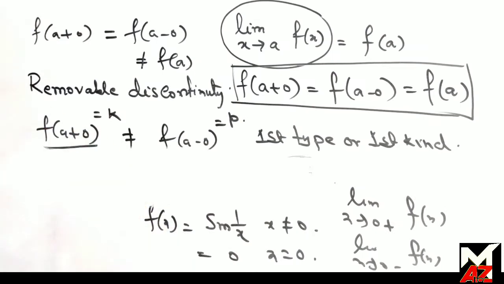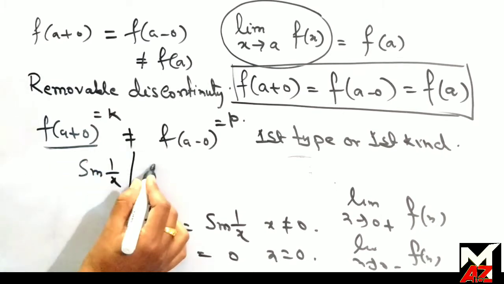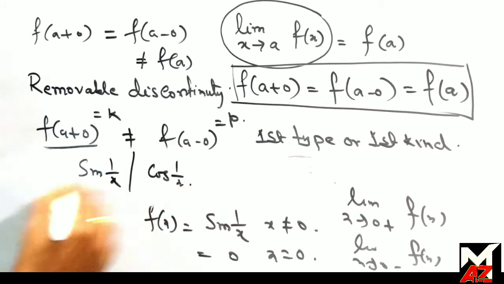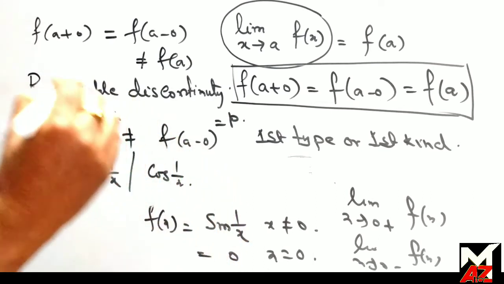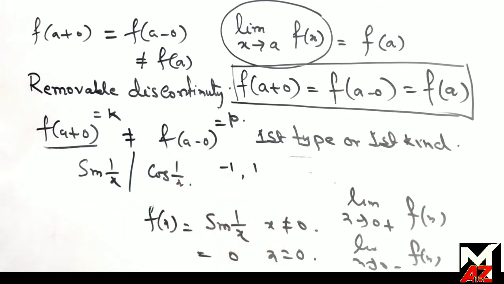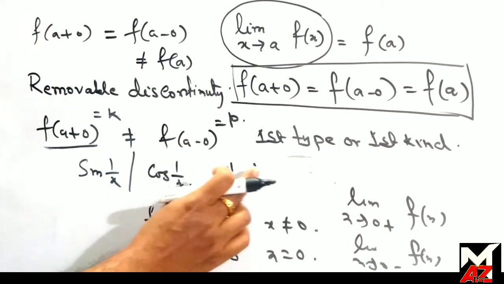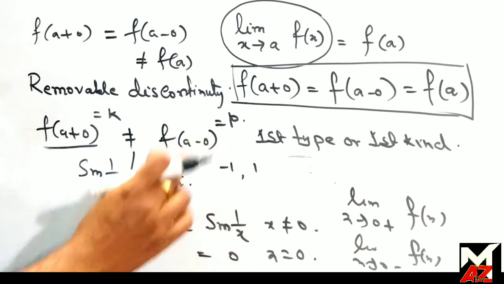For this example, sin(1/x) and cos(1/x) both functions take infinitely many values between minus 1 and 1 in any interval.